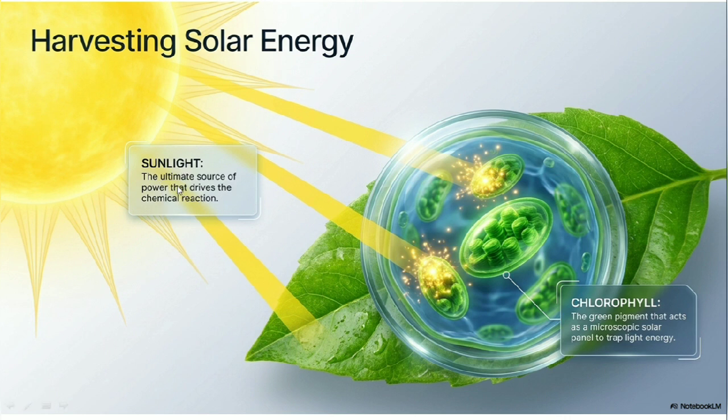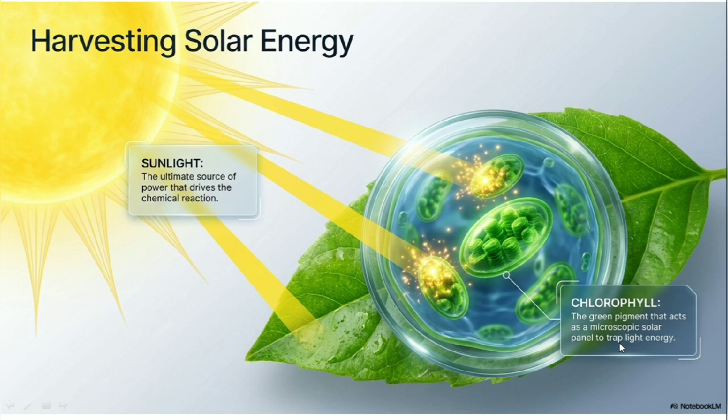Sunlight is the ultimate source of power that drives the chemical reaction. Whereas chlorophyll is the green pigment, and it is inside the leaves only. It acts as a microscopic solar panel to trap light energy.